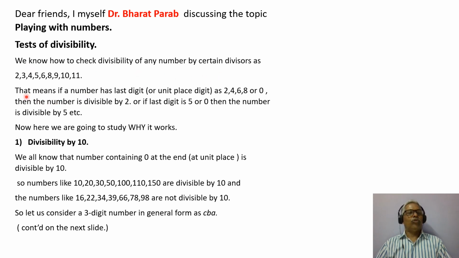The comment also says that if a number has its last digit or unit place digit as 2, 4, 6, 8 or 0, then the number is divisible by 2. Or if the last digit is 5 or 0, then the number is divisible by 5. We know this, for 3, for 4, for all.